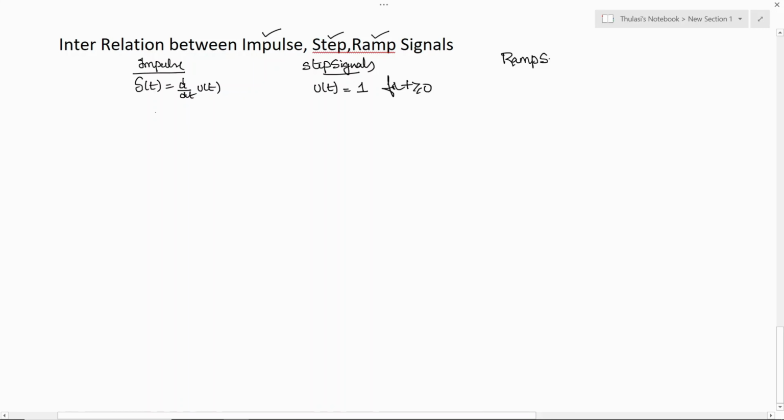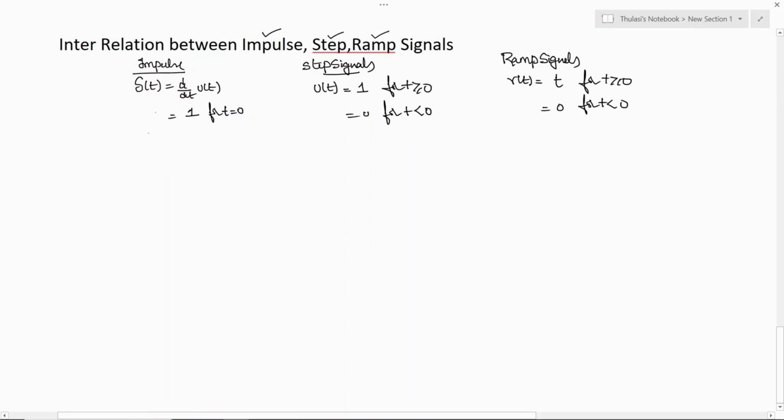This ramp signal is defined with the letter r of t, and it maintains a value of t for t greater than or equal to 0, and this is 0 for t less than 0.